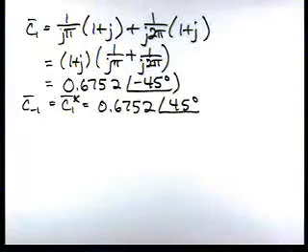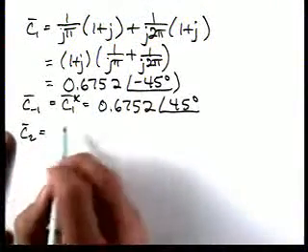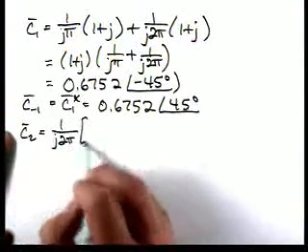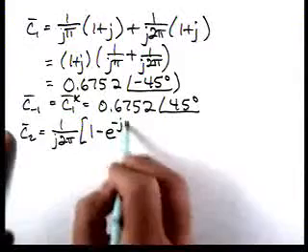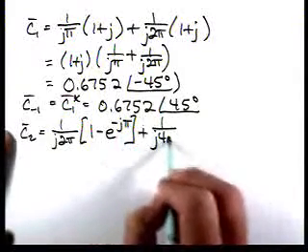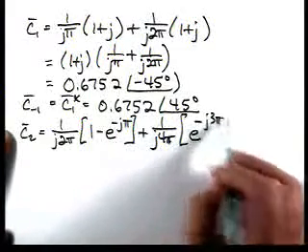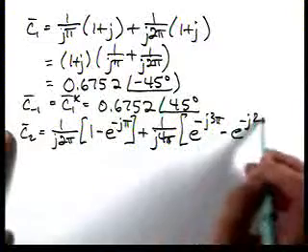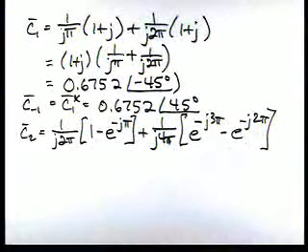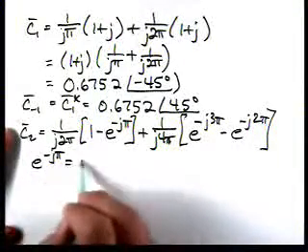Now, let's calculate C2. We'll have 1 over j 2 pi times 1 minus e to the minus j pi, plus 1 over j 4 pi times e to the minus j 3 pi minus e to the minus j 2 pi. So we have e to the minus j pi, and we've already evaluated it to be minus 1.